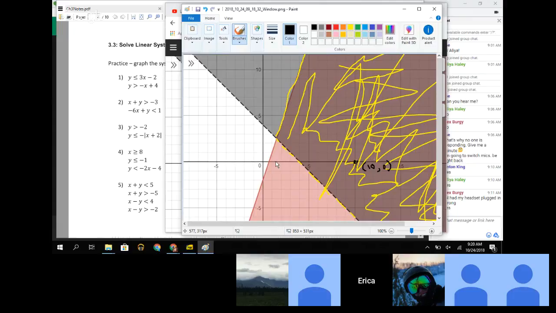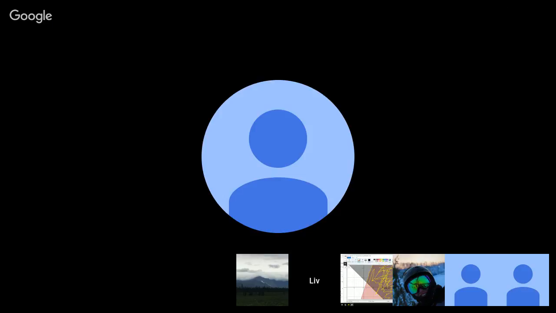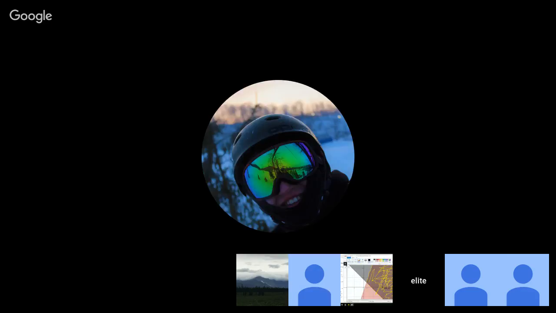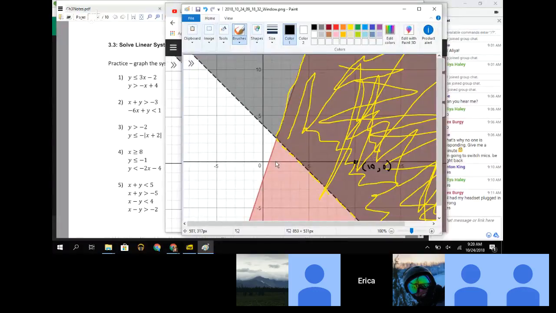What do you guys think? Yeah. No. Everybody's afraid yes. Yeah, that's an answer, right? It's in my shaded section. And 10, 0 is one of the solutions.